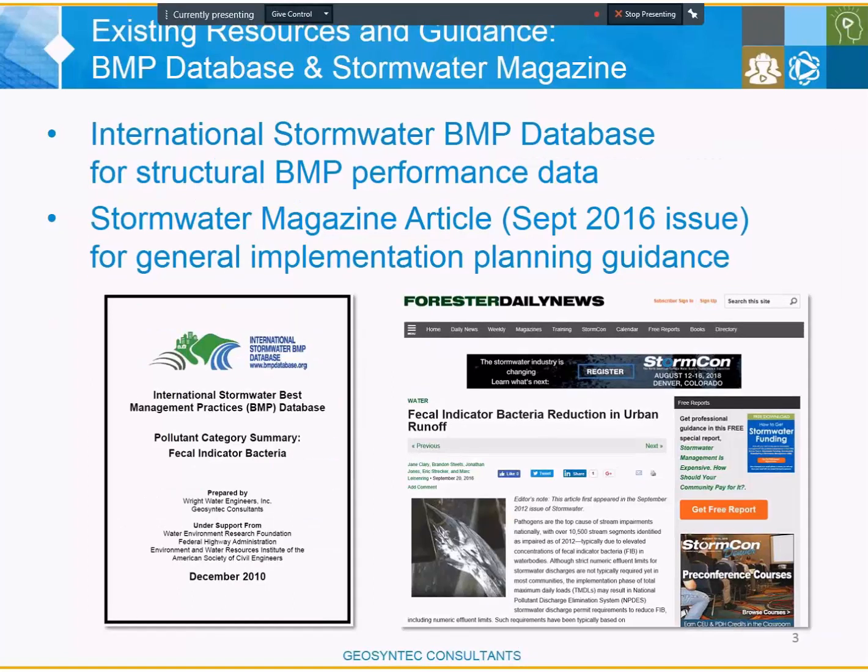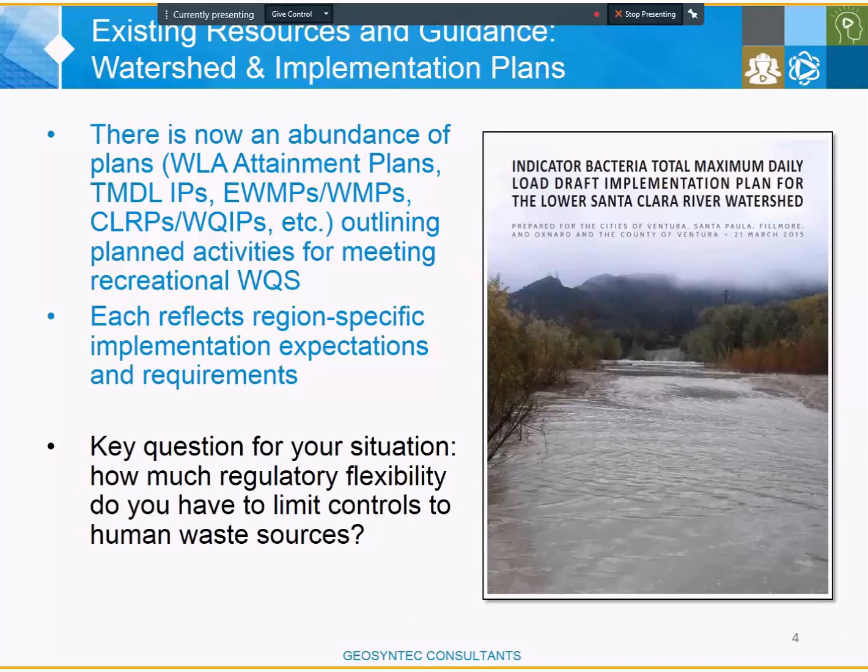There's also a ton of plans out there for bacteria compliance. Armed with a quick Google search, you can find, in the Central Coast, what are called TMDL waste load allocation attainment plans. In many regions, including the LA region, they were previously called TMDL implementation plans. In the LA region, more recently under the current version of the LA County MS4 permit, they are enhanced watershed management plans and watershed management plans.